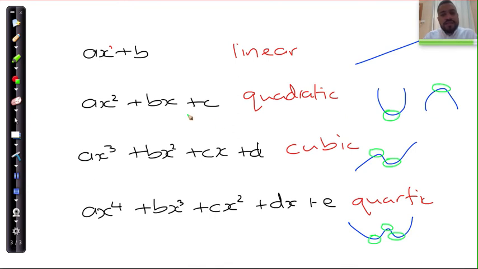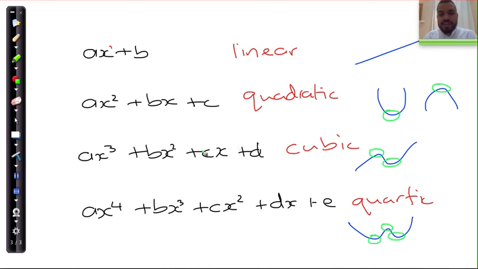Okay, so if you've got it, I expect you to notice that the linear polynomial has highest power exponent 1, but it has 0 turning points. A quadratic polynomial has leading exponent of 2, the highest power is 2, and the number of turning points is only 1.